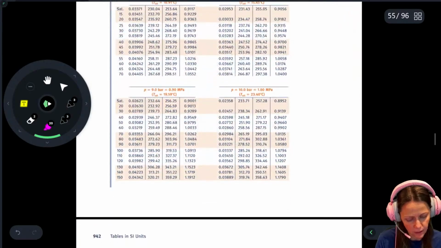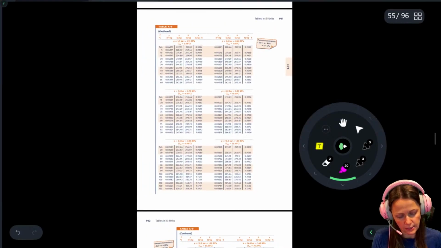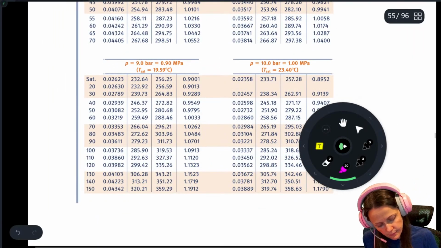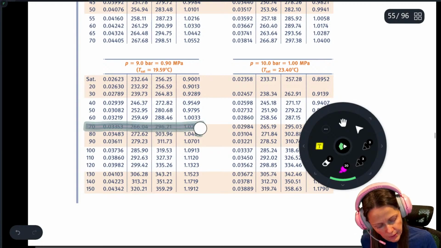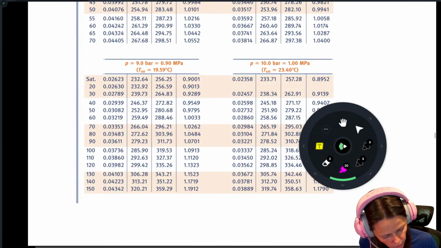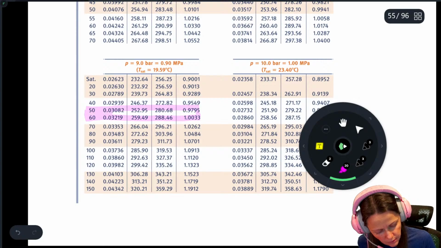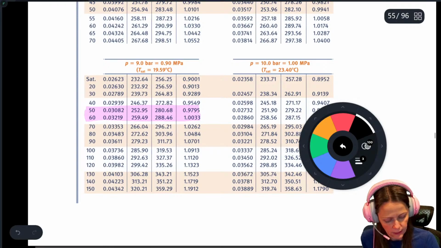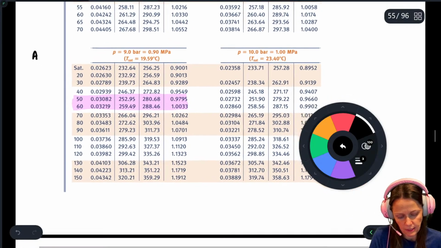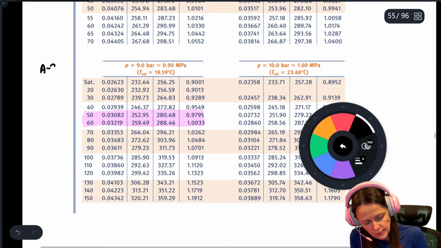So I need to go find the box that corresponds to 9 bar. Hopefully we have one. Perfect. So I'm going to zoom out. This is table A9. Wait, is it 1.00? Actually over here, isn't it? That one. It's going to be somewhere in there. So this is A9.